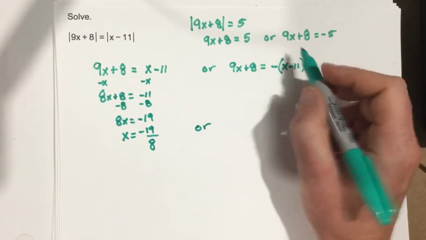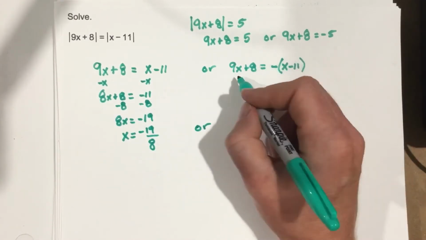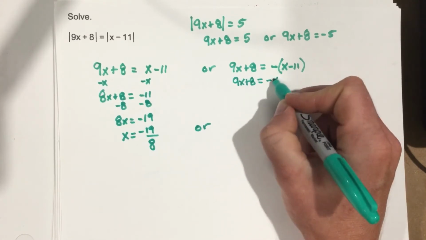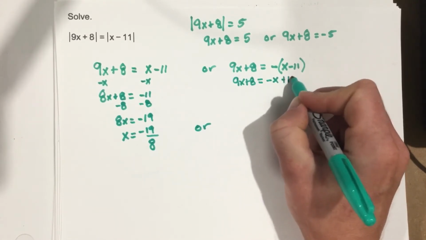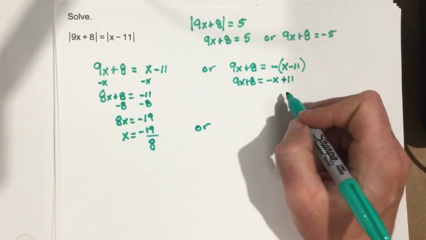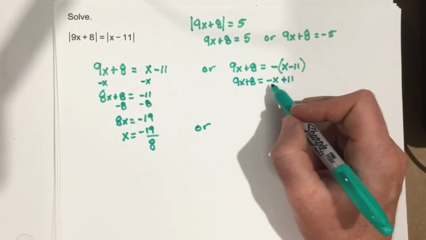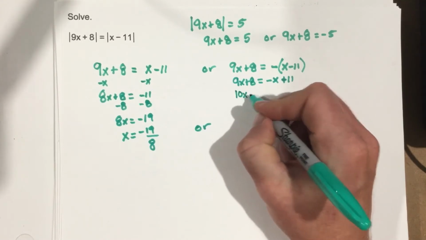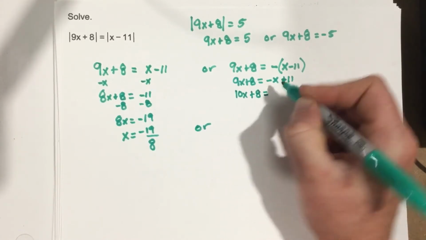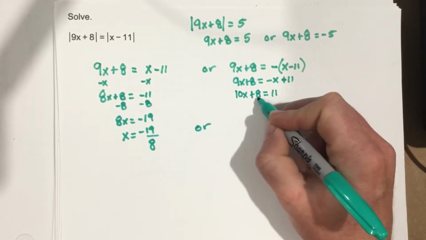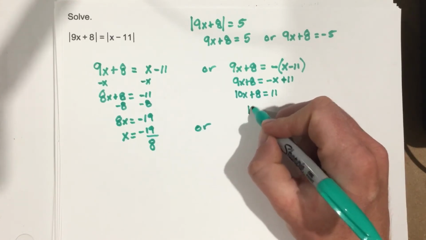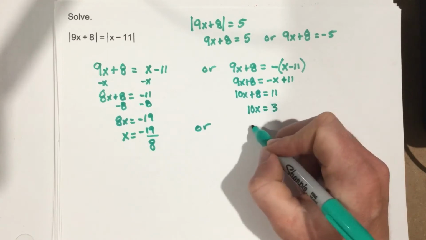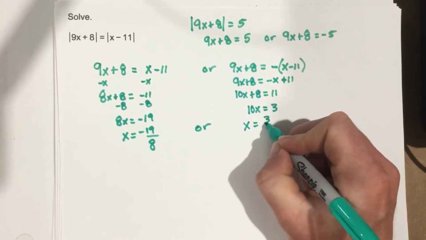Or, distribute here: 9x plus 8 equals negative x plus 11, because the negative and negative become a positive. Let's add the x over to this side. We get 10x plus 8 equals 11. Subtract the 8 over. We get 10x equals 3. Divide by 10, we get x equals 3 over 10.